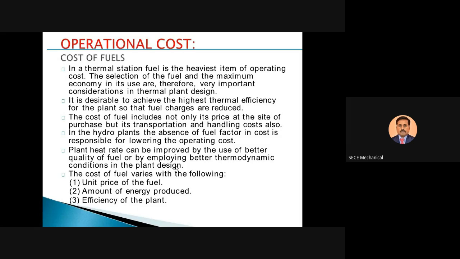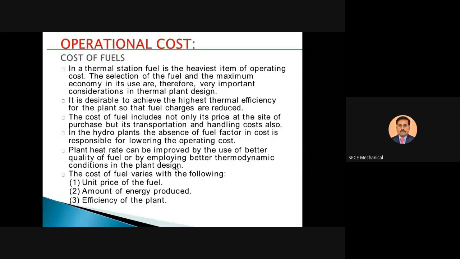All those things are required to prepare the coal before feeding it to the combustion chamber. So all that cost has to be accounted for while calculating the fuel cost. That is also very important.